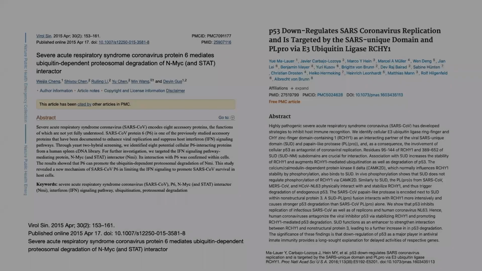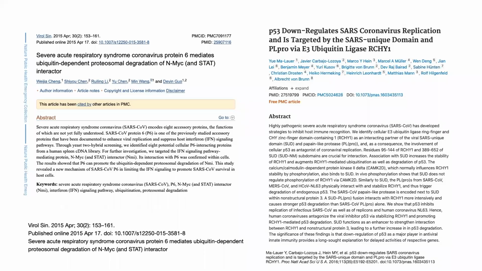Okay, so we talked about different proteins, how to characterize those proteins using high throughput sequencing, what types of ideas we can get out of them to understand how the different proteins of the pathogen interact with the proteins of the cell.